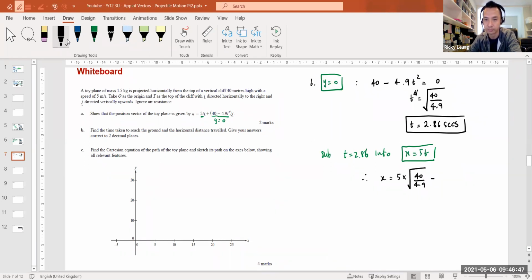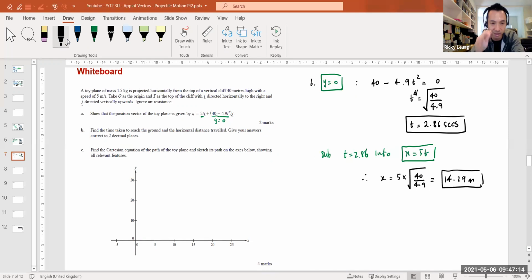I have a calculator here. Let me just make sure that that's right. Times it by 5. 14 something. Beautiful. 14.29 meters. Great. Pretty easy for part B.